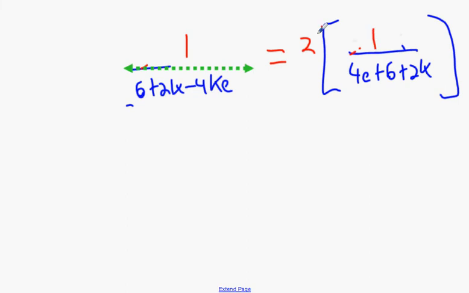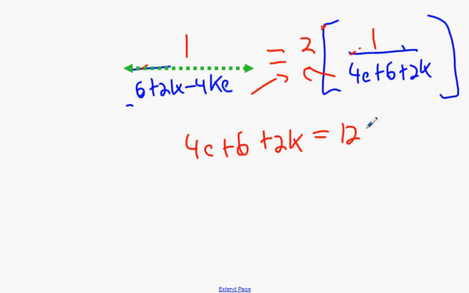I'm going to cross multiply. So I'm going to get 4e plus 6 plus 2k equals 2 times that, which is going to be 12 plus 4k. What's that going to be? Is it going to be 8ke? Minus 8ke. Okay.